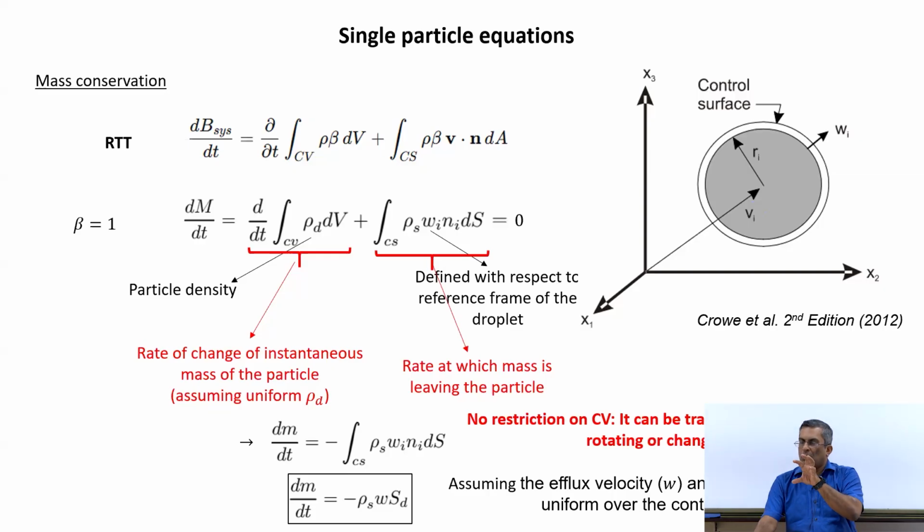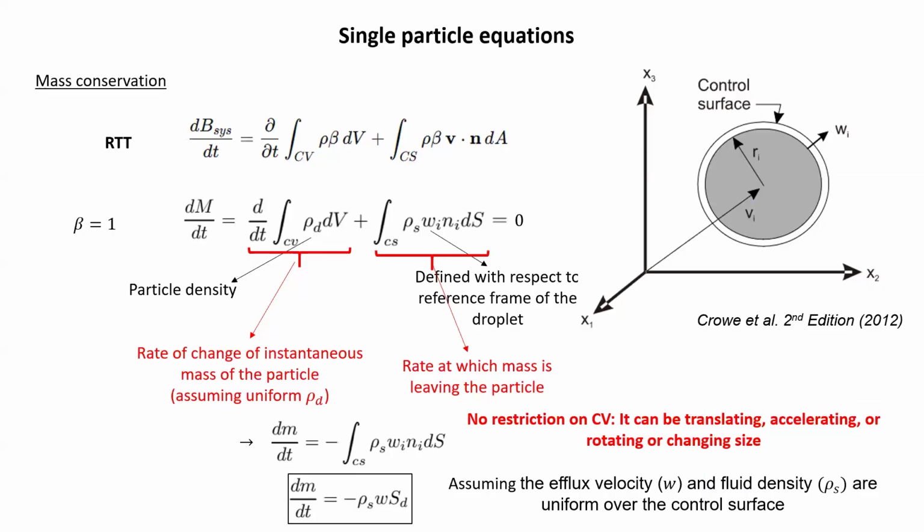The control surface shrinks, for example, in case of evaporation. And in addition, the control volume can be accelerating, rotating also. That does not matter here, while in case of fluid flow, the control volume is always fixed.